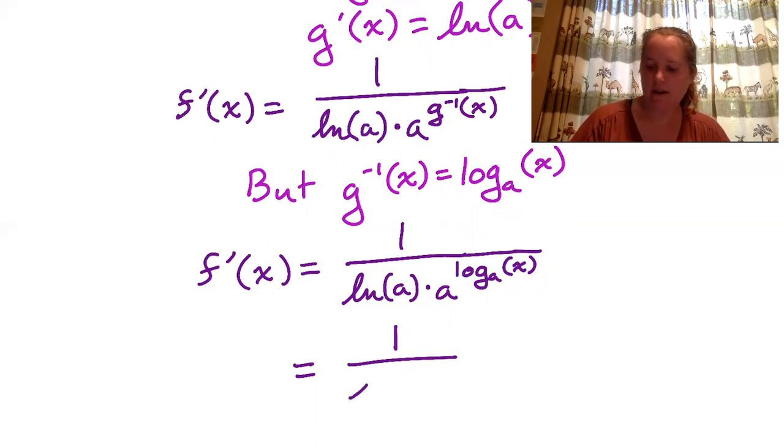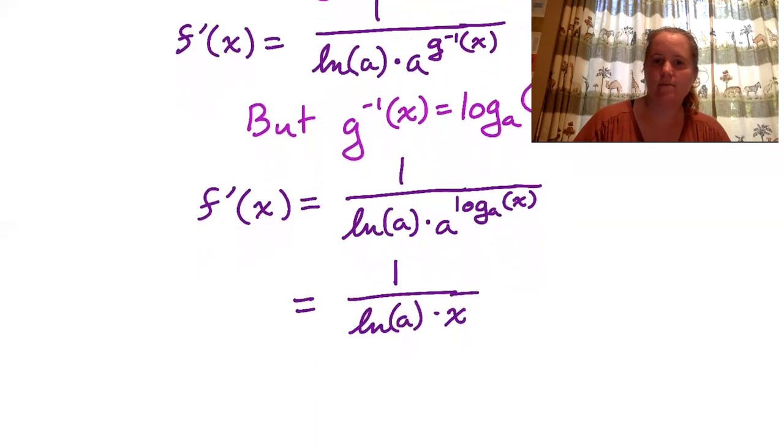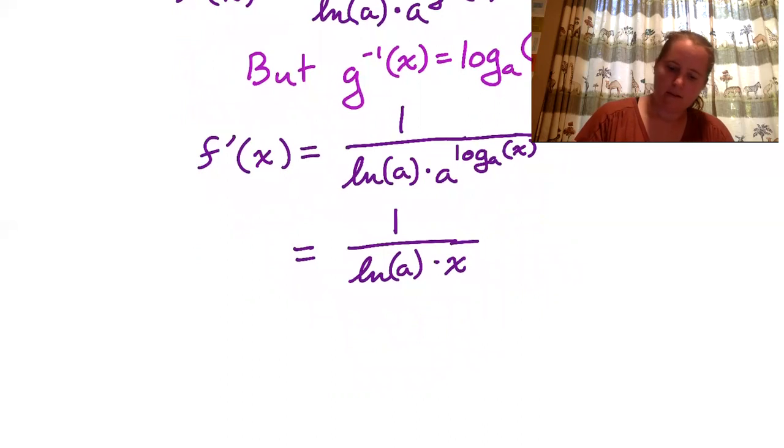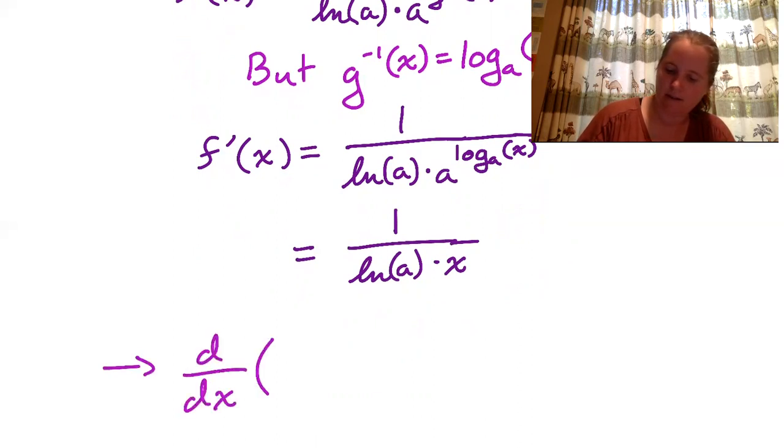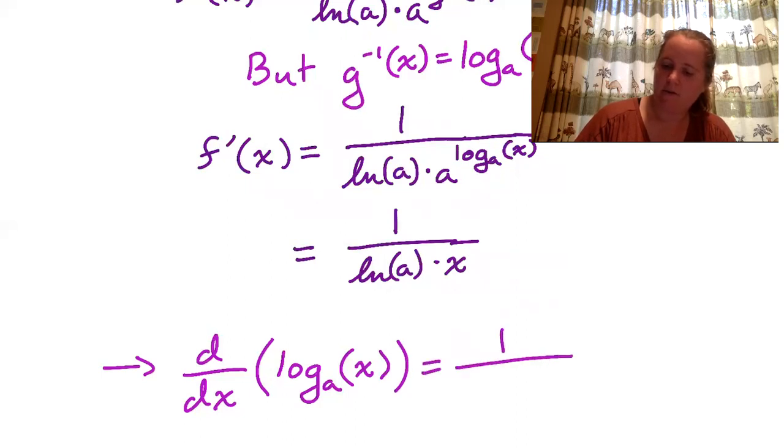So in summary, the derivative with respect to x of log base a of x is 1 over the natural log of a times x.